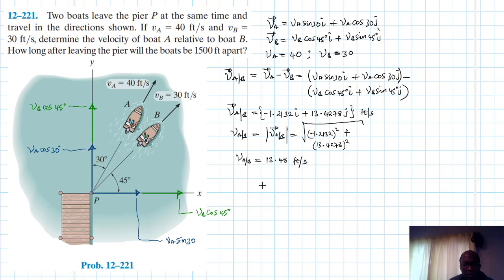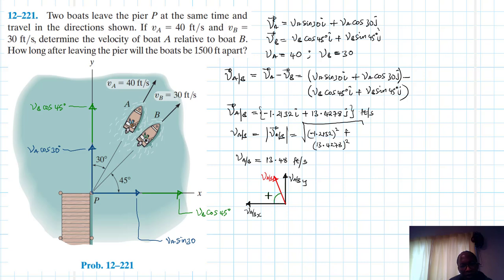Let's draw how this one looks. We have negative x and positive y, so it will be something like so, with the magnitude closer to y, because y is bigger. This is VA/B, this is its y component and this is its x component. And then we do have the angle.